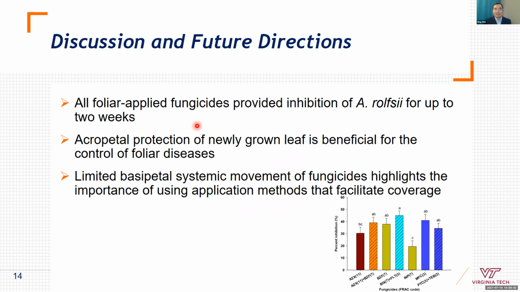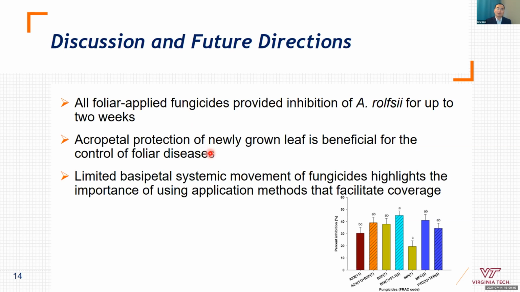To summarize this study, we found all the foliar applied fungicides provide inhibition of S. rolfsii for up to 2 weeks, and their efficacy decreased afterwards. It agrees with the current extension recommendation that if there is high disease pressure, those fungicides should be applied every 2 weeks.